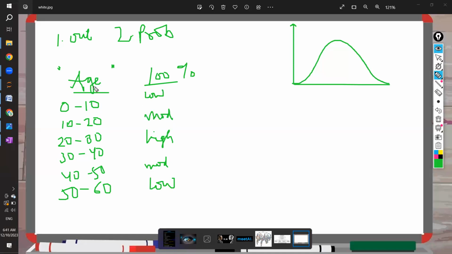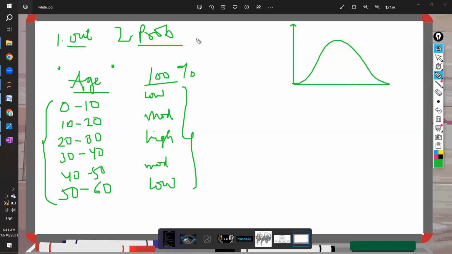Now the event is age. Age is the event which we are discussing. And what are the two things? One is outcome, and the second is the probability. Now if you see, these are the outcomes possible for age, and these are the probabilities. We can convert it into probabilities.